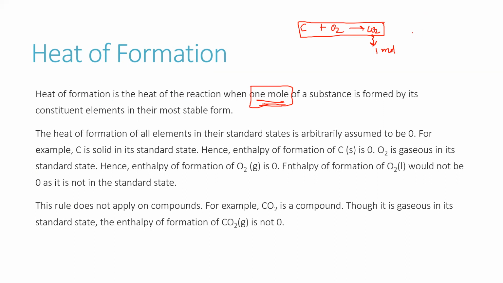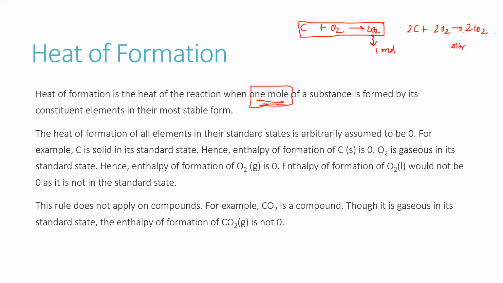If the reaction is something like this, then whatever the heat of the reaction is, that is the heat for 2 moles. So that cannot be categorized as a heat of formation. It will simply be a heat of reaction.